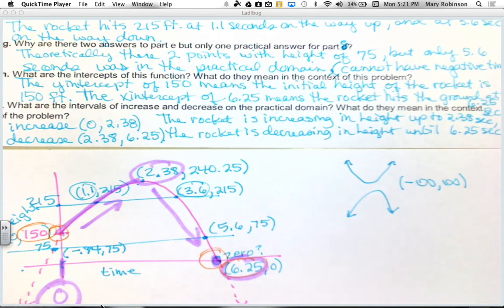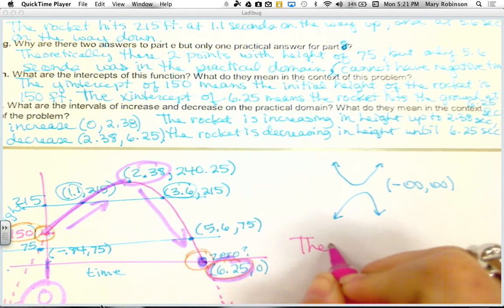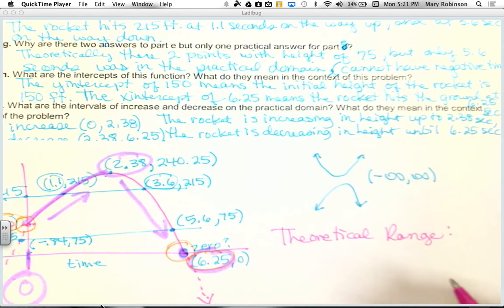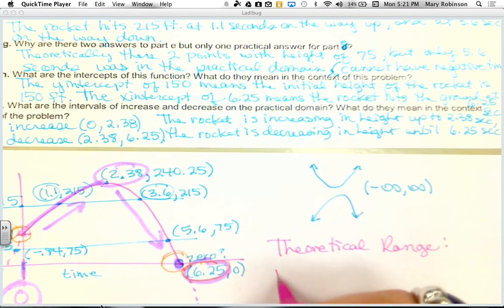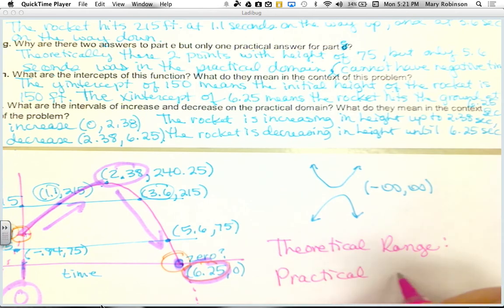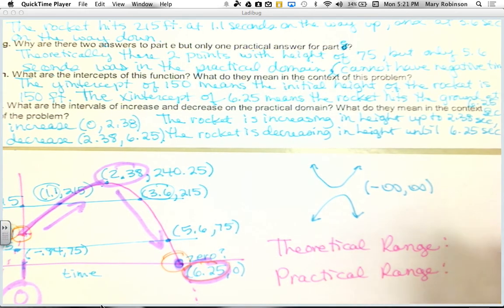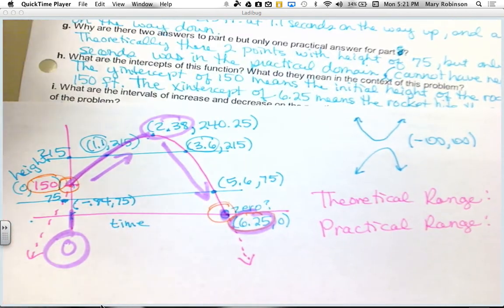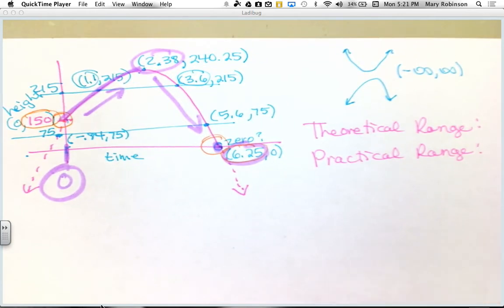Lastly, I'm just going to explain practical and theoretical domain and range. You didn't have a question on your practice that had theoretical and practical range, but on your test you do, so I want to make sure I cover that. So remember that theoretically, your parabola goes up forever or down forever, depending on whether A is positive or negative.